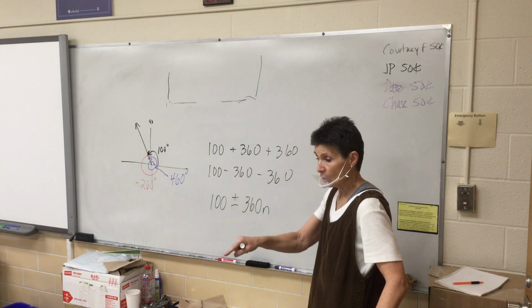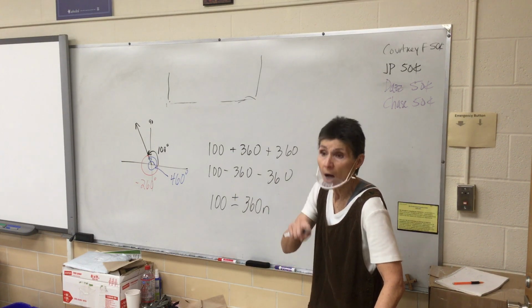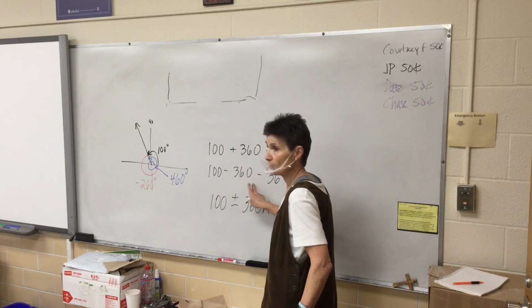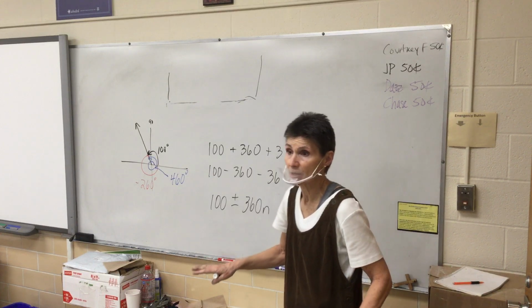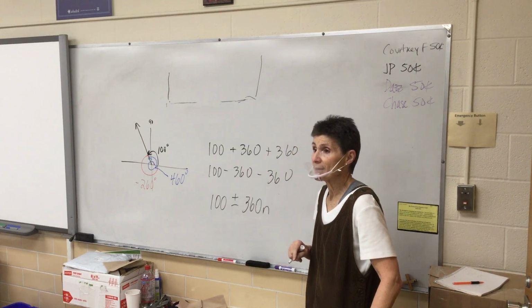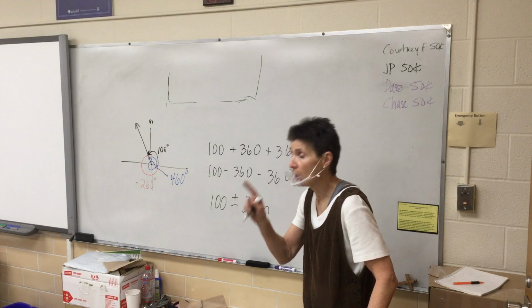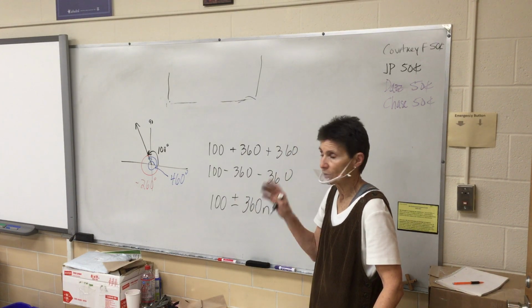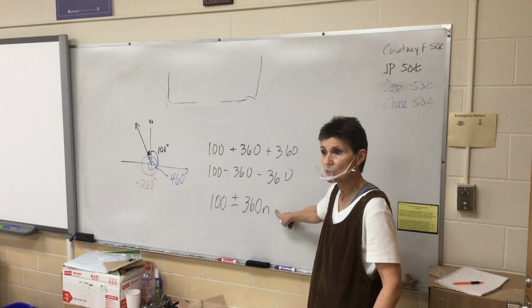So in the notes, it said name 1 positive and 1 negative. So 100 plus 360, 100 minus 360, and we were done. But another time, you might be asked to list all of the coterminal angles. Well, you can't list them all. They go on forever. So we write it this way: plus or minus 360n. Does that make sense to you?